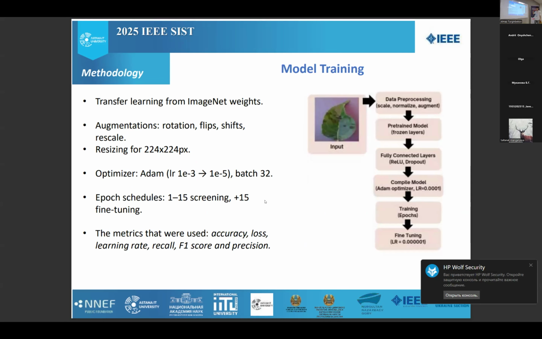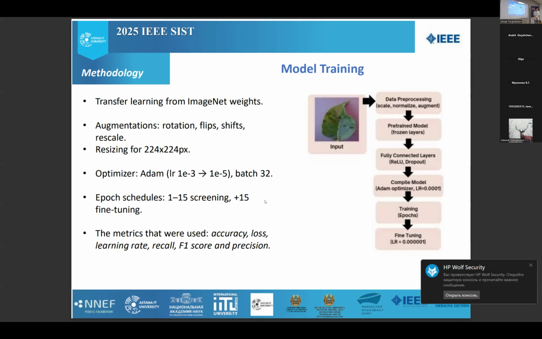Model training. As you can see in this figure, there is the algorithm of the model training, which starts with data processing. Then pretrained models are used. I want to highlight that every model was used separately and trained separately. Then fully connected layers were applied with a ReLU activation function.